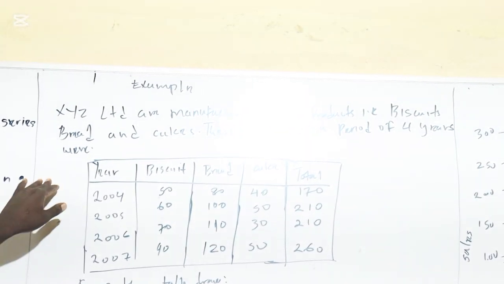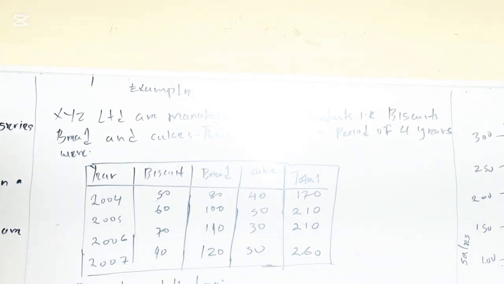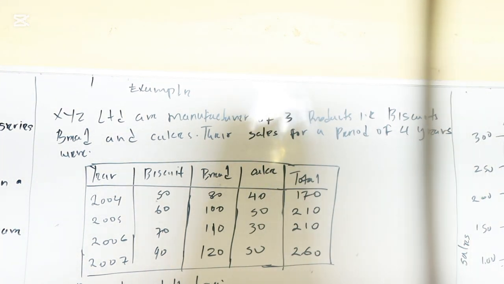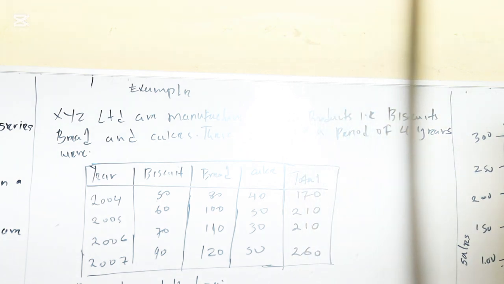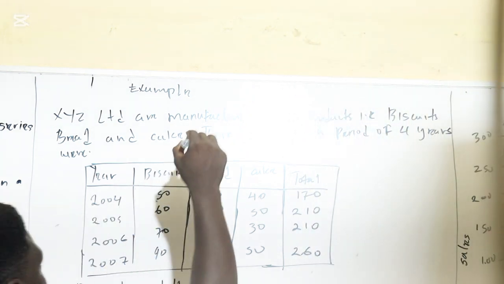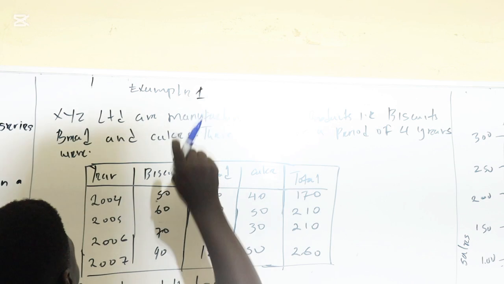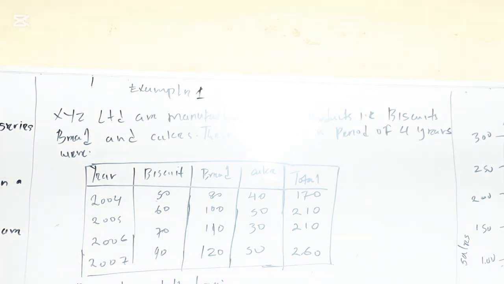Now this is our example. I just want to talk about whatever I've talked about here, that is simple bar chart, component bar chart, and multiple bar charts. Now let's read the example. Let me take it to example 1. XYZ Limited are manufacturers of 3 products, i.e. biscuits, bread, and cakes.